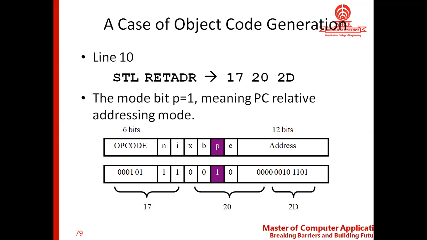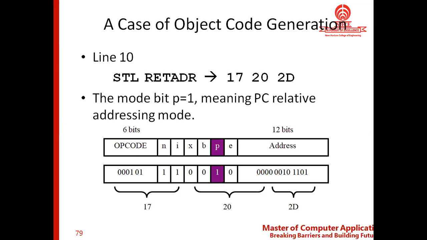For each and every line the object code is generated, except for the pseudo instructions. The pseudo instructions are the instructions which cannot be translated into object code. They are only useful for the assembler to provide some information, maybe with respect to storage.